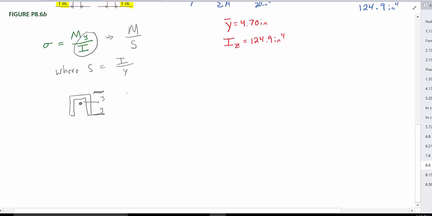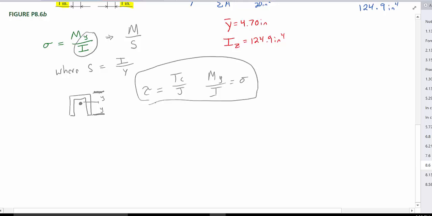This is similar to when we did torsion, where we had shear stress equal to torque times c over J. This is very similar: we're replacing torque with moment, c with y, and J with I. Instead of shear stress, it's now our normal stress. So that might be a relation to help you think about it.